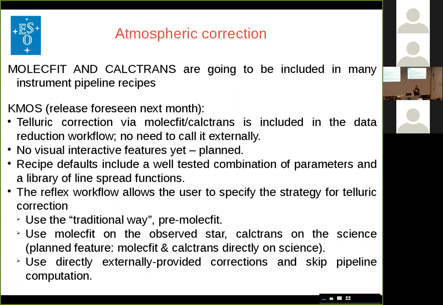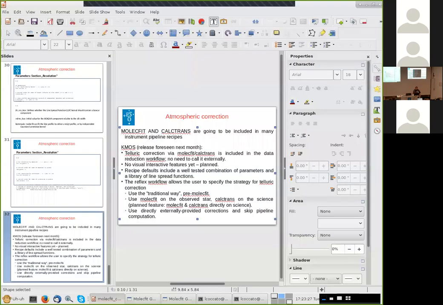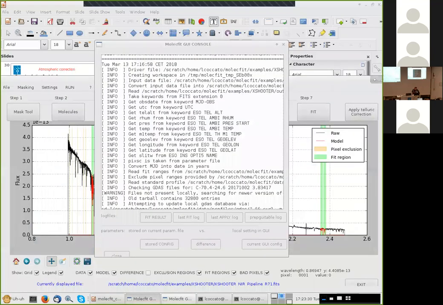Of course, you can successfully run Molecfit on the science only if you have enough signal to noise in your science data, and if you know your science spectrum well enough to avoid fitting object features instead of atmospheric features. So this is a decision that the astronomer has to make and can do via the CHEMOS workflow.